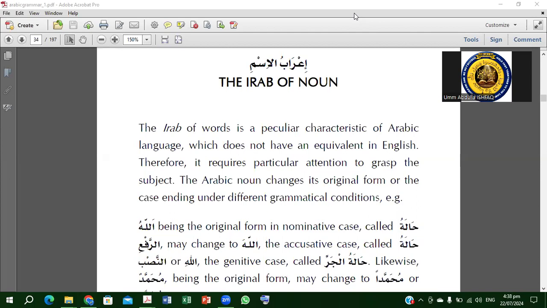There are 3 types of number in Arabic: singular, pair, and plural. And the status. Do you remember we have studied that there are 3 types of status? It could be rafa, nasab, and jar. This status of ism is called i'rab. Because that's a unique thing to Arabic. The concept of number is there in other languages. The concept of gender is there in other languages.